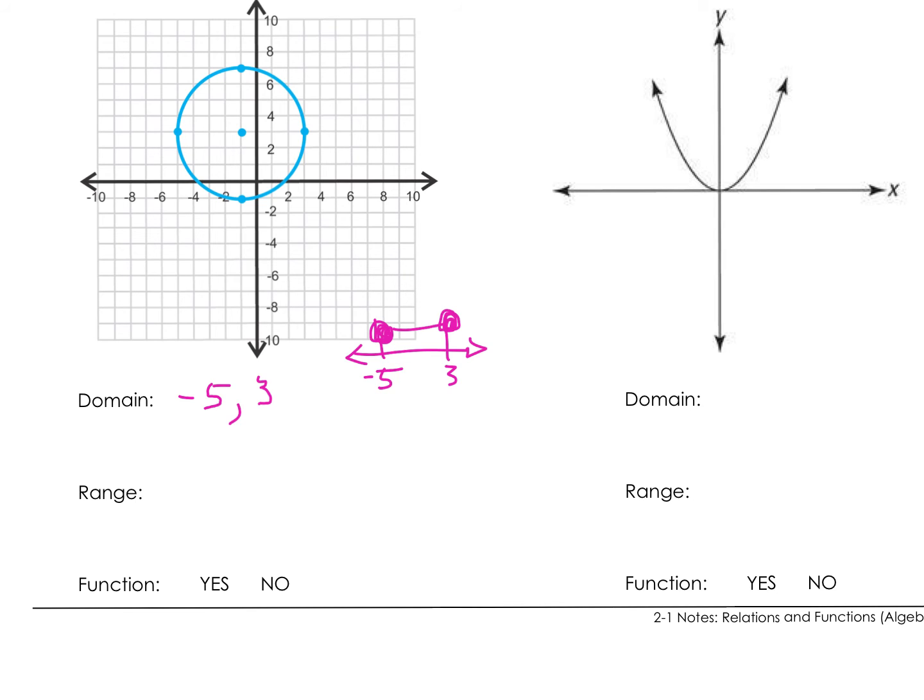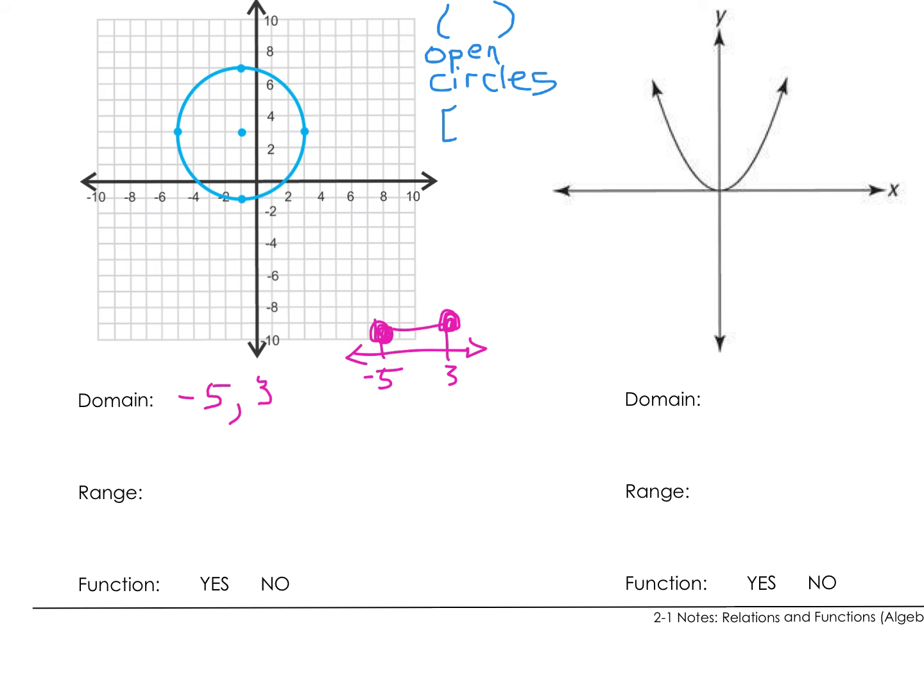So you might want to write over here that parentheses around a number is the same as open circles on the number line. It means that the graph comes close to that value but doesn't actually equal that value.